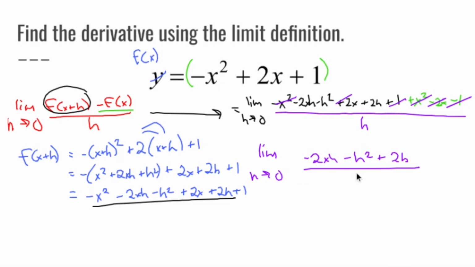Now you might know from computing limits algebraically that if I were to plug in 0 for h, I would get 0 over 0, which is indeterminate, which is against the rules. But if I have an h in common with all of them, can I just factor out an h? I'll tell you, you can.